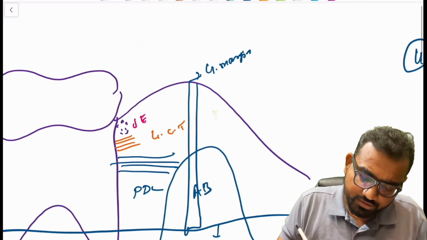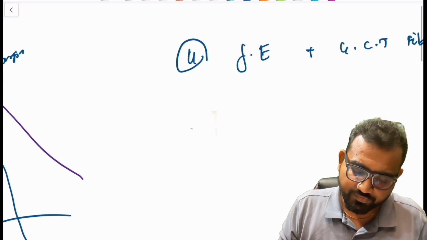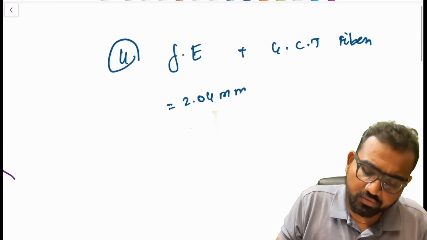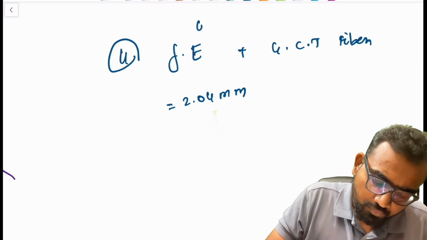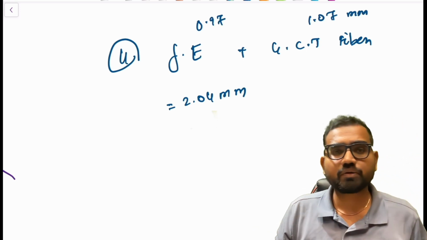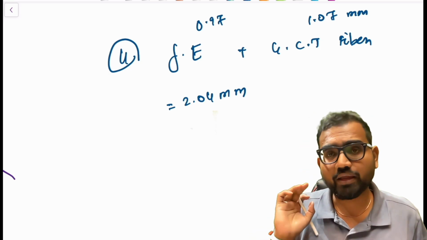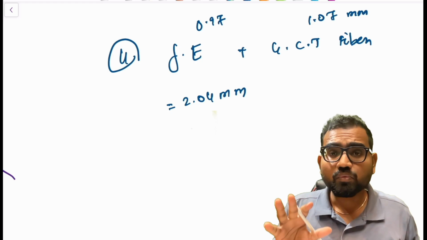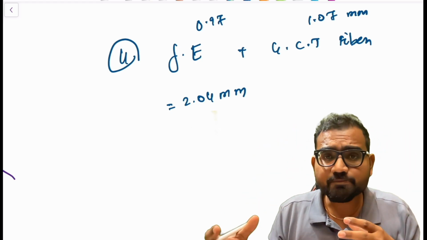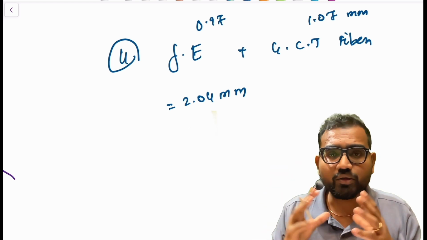So it is approximately 2.04 mm, that is 0.97 plus 1.07. So this is the biological width, or it has been replaced by a new term called supracrestal tissue attachment, whatever you call it.